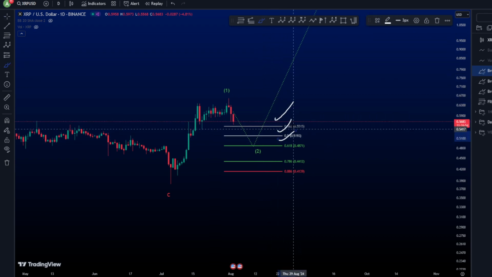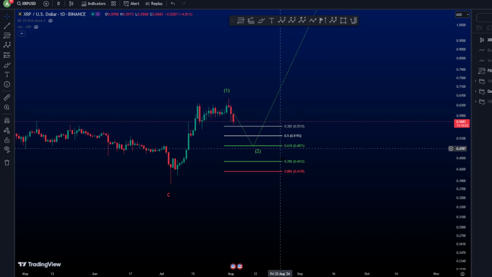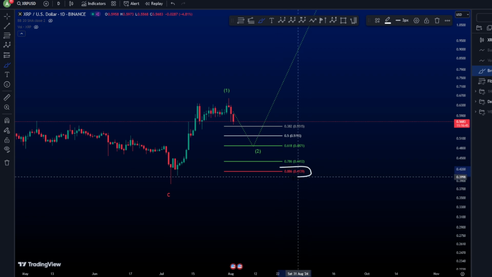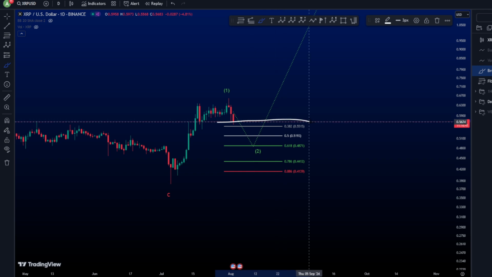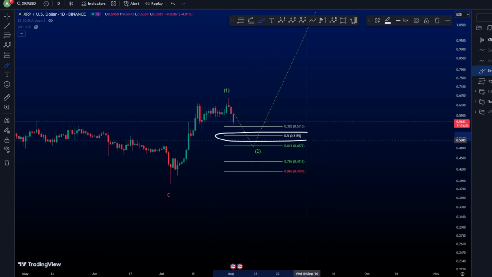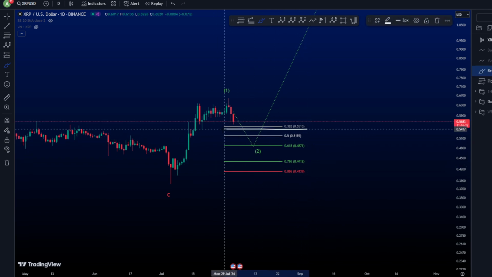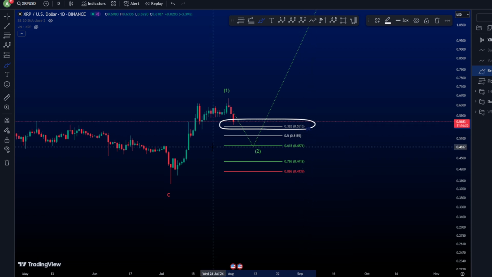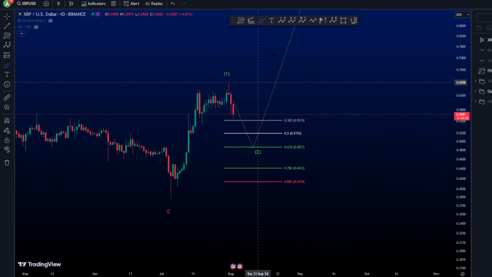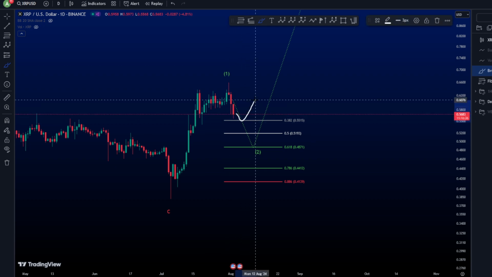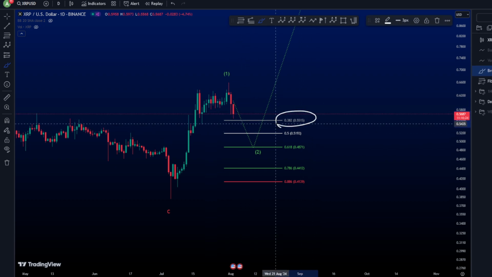However, what is most common is in green. What is in invalidation or a very weak fib level for wave 2 is in red, the 0.886, while the white are possible, and the gray ones are likely to be support, but not so common.